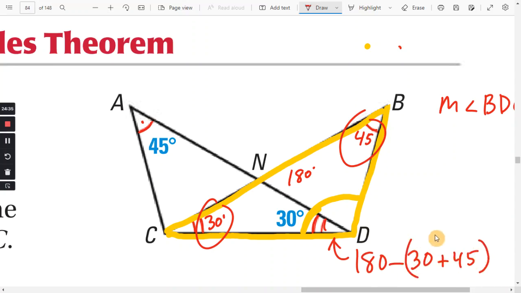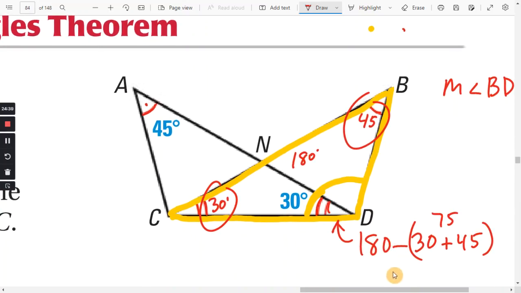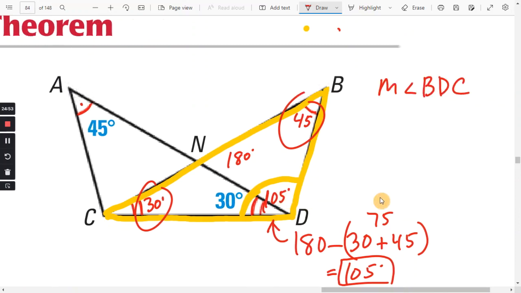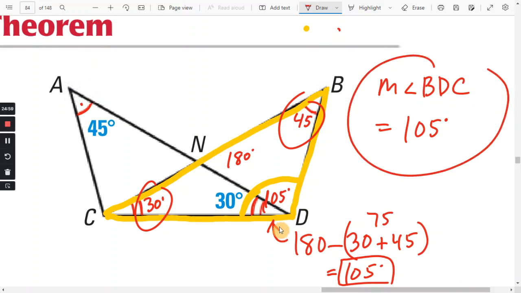If you add these two, it's going to be 75, and 180 minus 75 is going to be 105. So this is BDC, and that's going to equal 105 degrees.